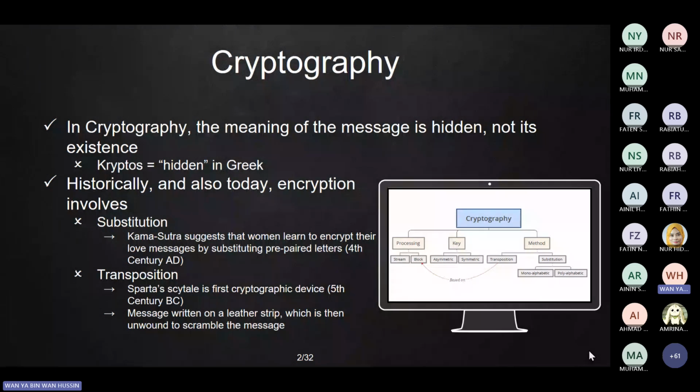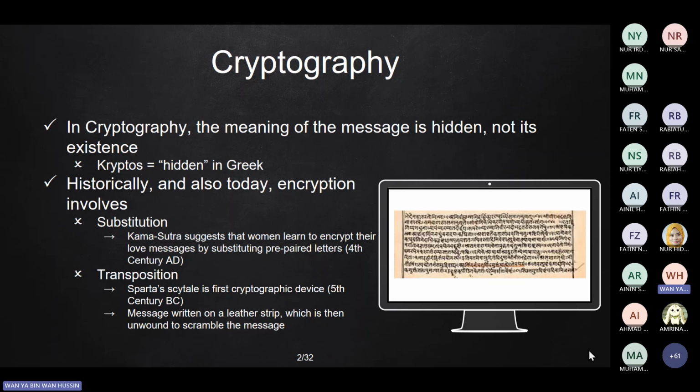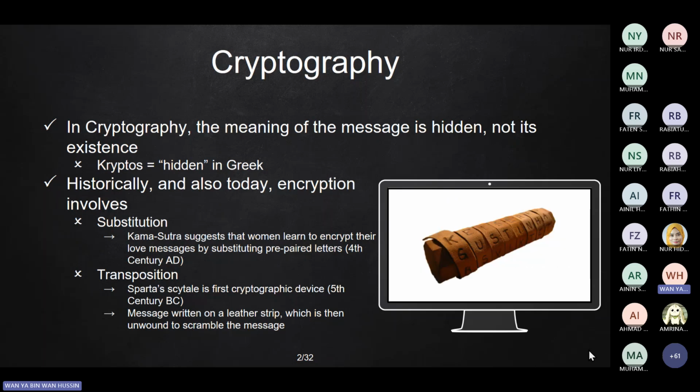Substitutions, we will replace some letter with the other letter. Transposition, we will change the position of that letter. And this is the example of the substitution. This is the Kama Sutra, right? And this is what we call a cipher.